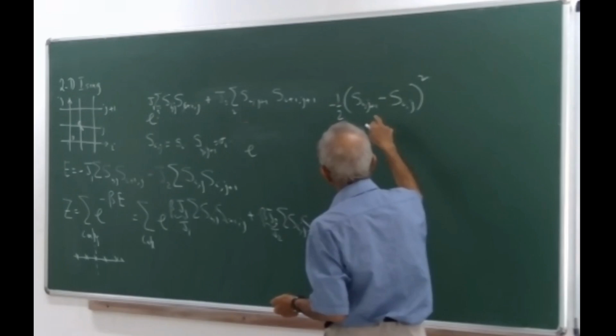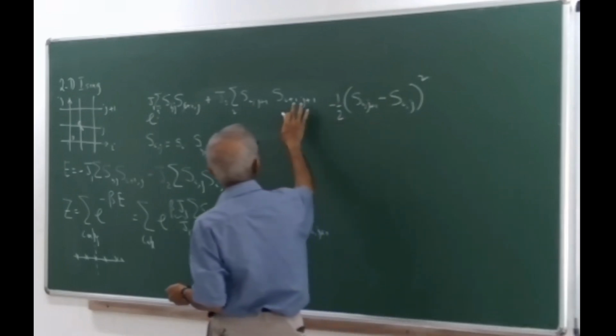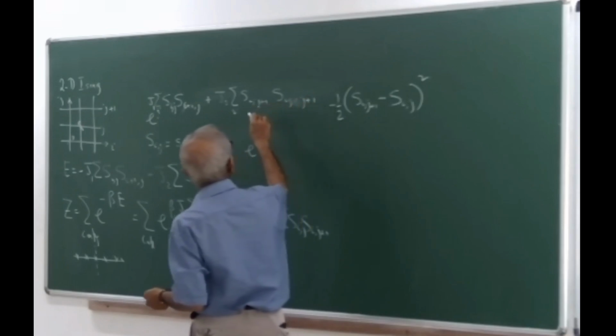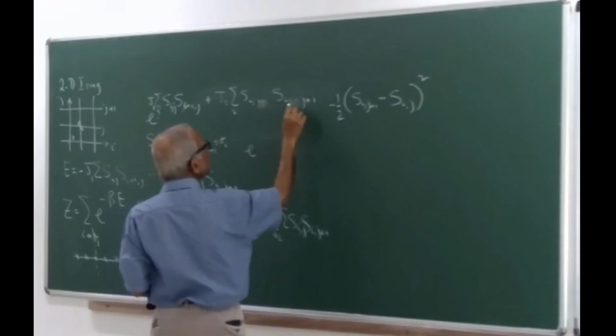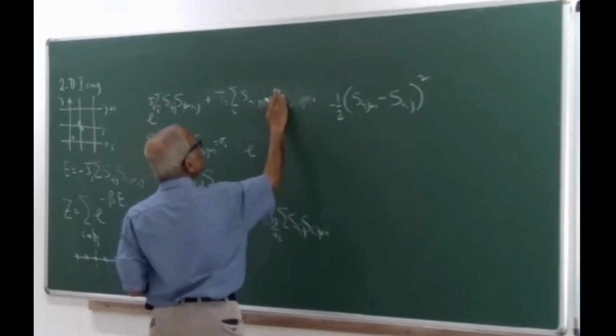What happened here? The j to j plus 1, sorry, this is i j, and this should have been S_ij plus 1.